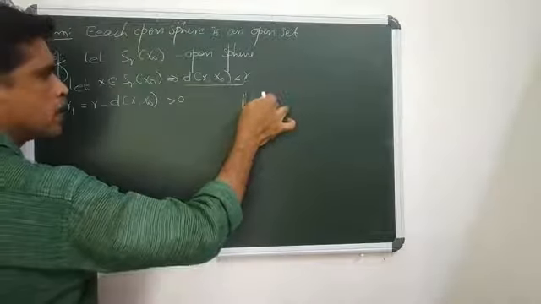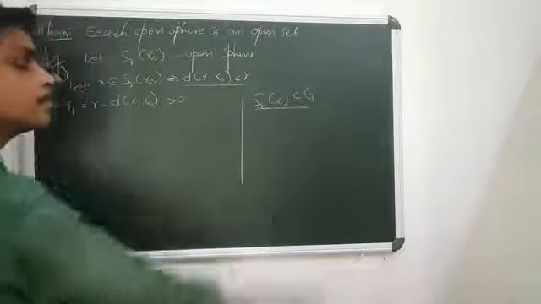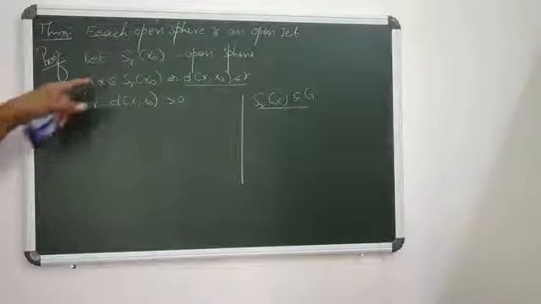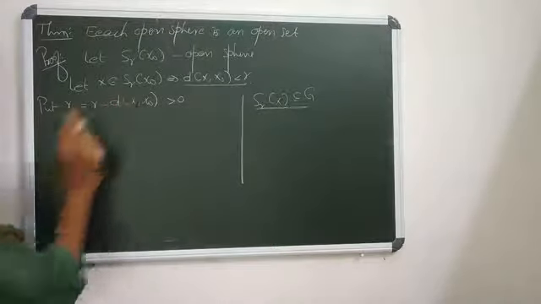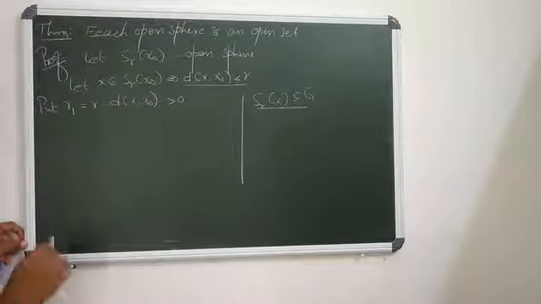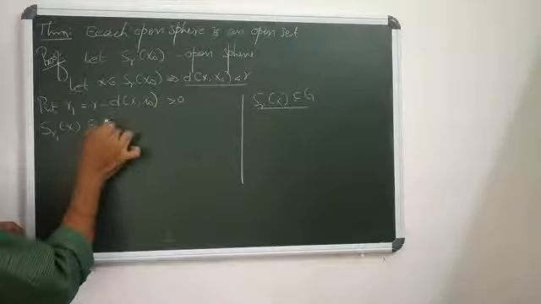Agree? So, to show S_r(x0) is an open set, it is enough to show that there exists an open sphere which is a part of S_r(x0). So, r1 is positive.